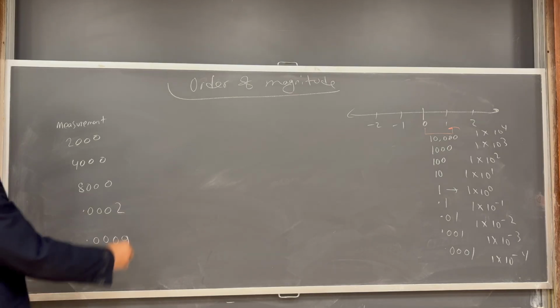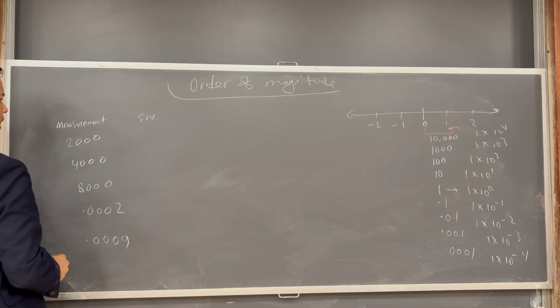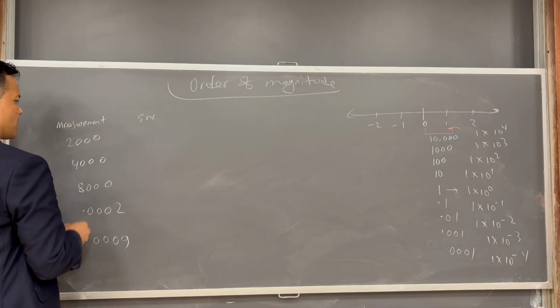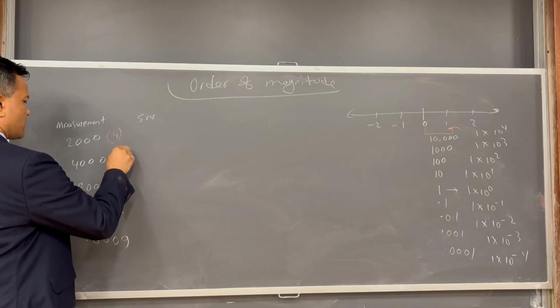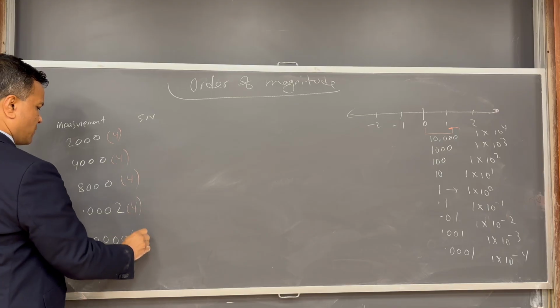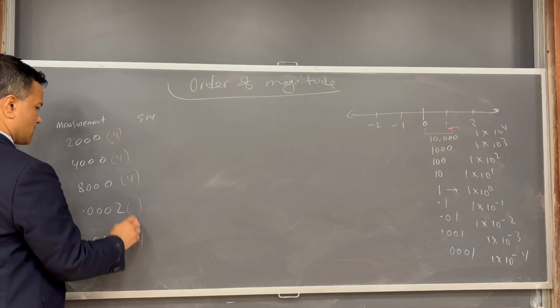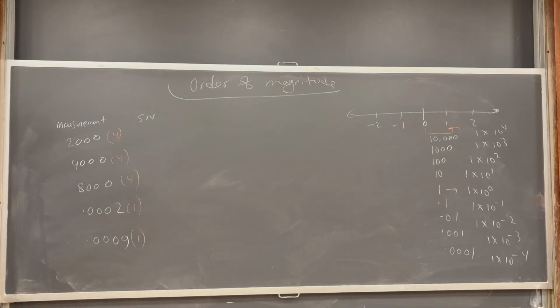Okay, scientific notation. Let's find the sig fig here. You have 4 sig fig, 4 sig fig, 4 sig fig, 4 sig fig, 4, you have 1 sig fig, you have 1 sig fig. Okay.